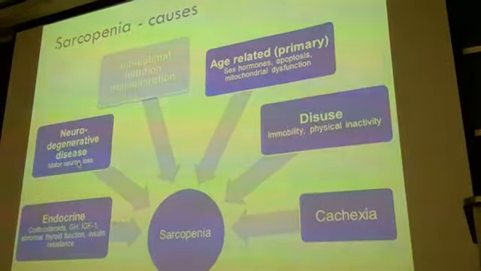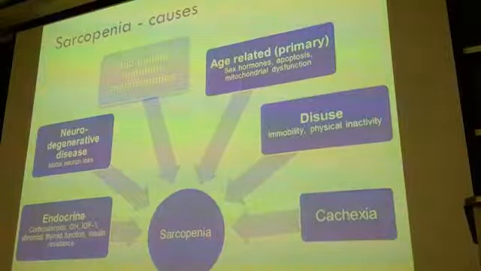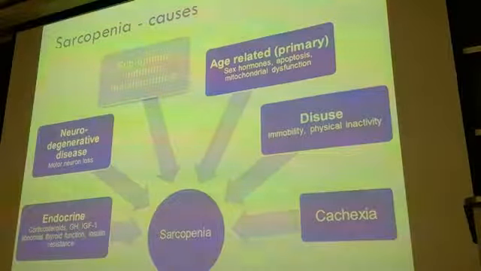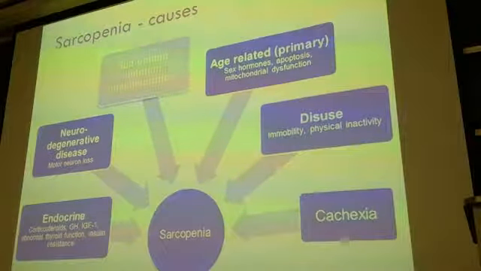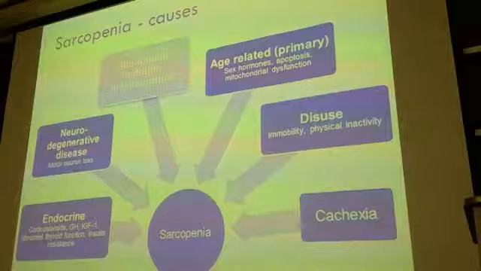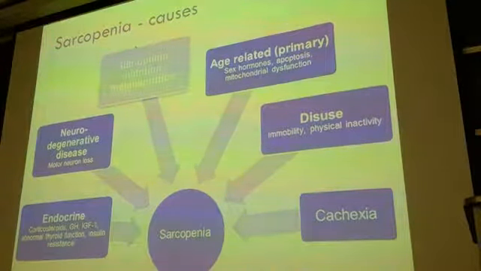Loss of motor neurons, which innervate the muscle fibers and cause them to contract, can degenerate, and this is a function of aging itself. So motor neuron loss can lead to less stimulation of muscle, and hence less durability of the muscle.